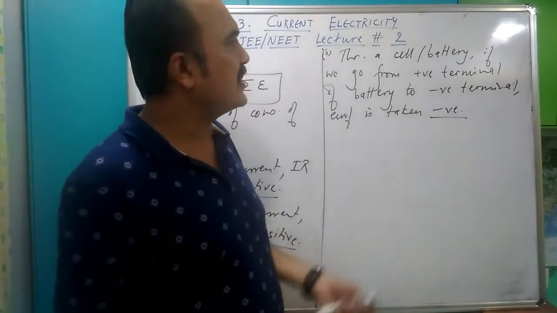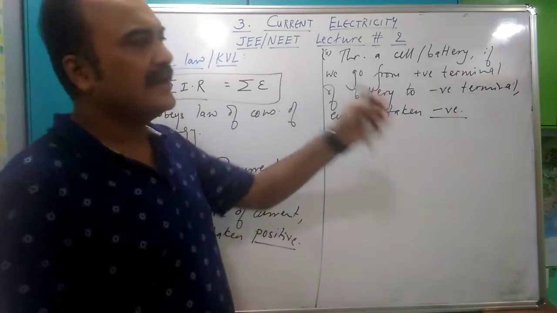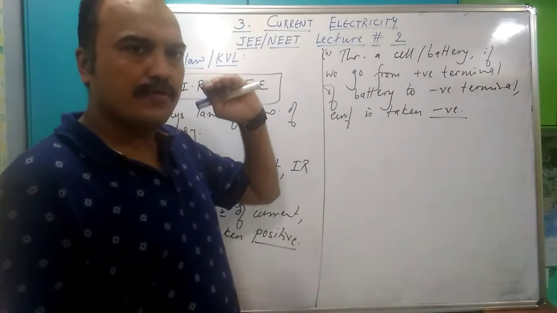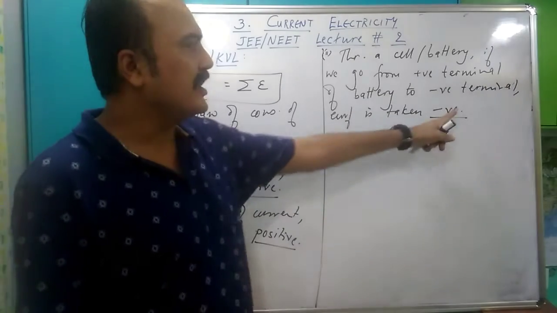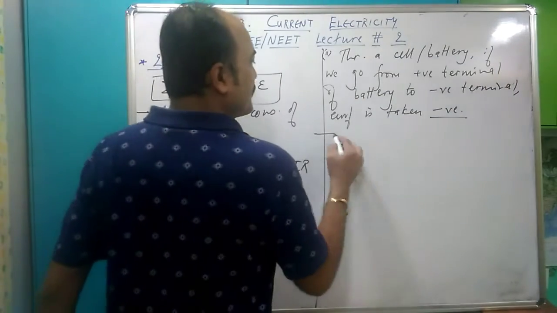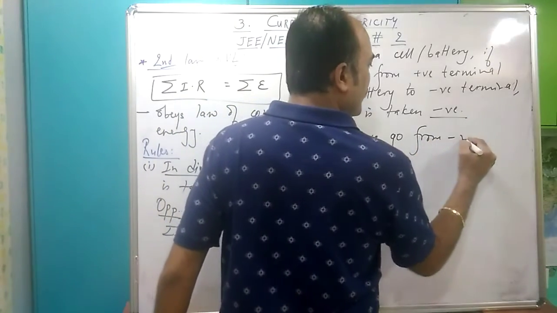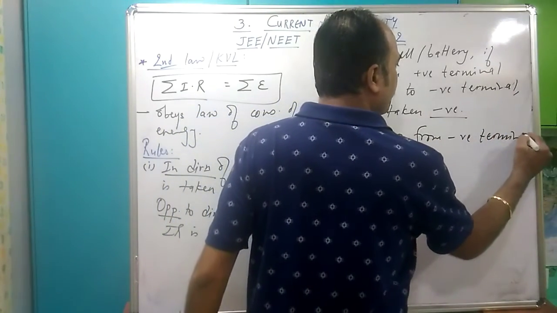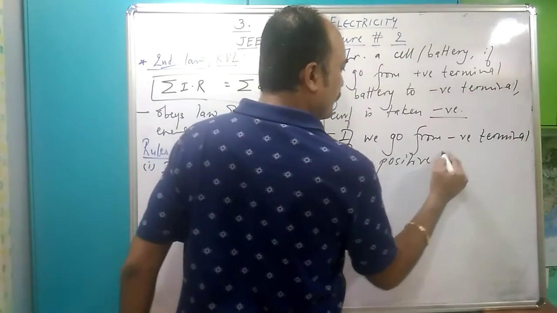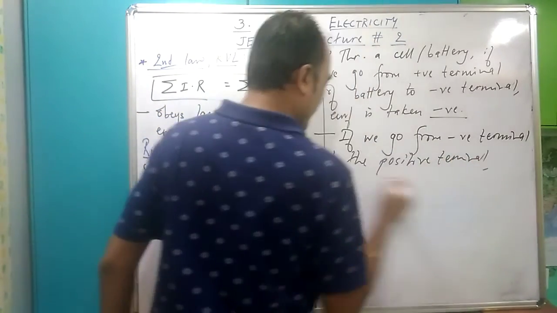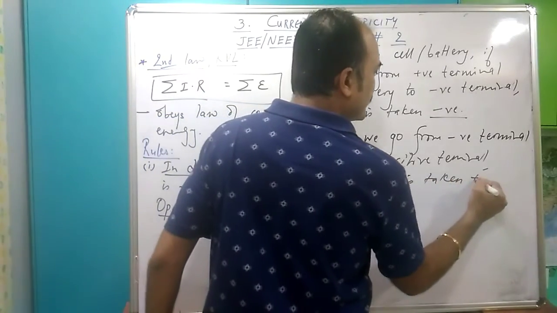Or, you know, in my language I use it that अच्छे से बुरा, positive terminal I consider अच्छा, negative terminal I consider बुरा. So if you go from अच्छे से बुरा, अगर कोई इंसान अच्छे से बुरा बनता है तो बुरी बात होती है, so we take it as negative. Whereas if we go from the negative terminal, if we see the negative terminal first, to the positive terminal, then EMF is taken positive.